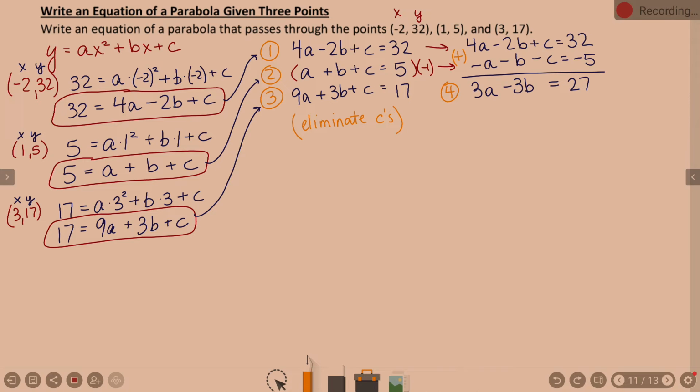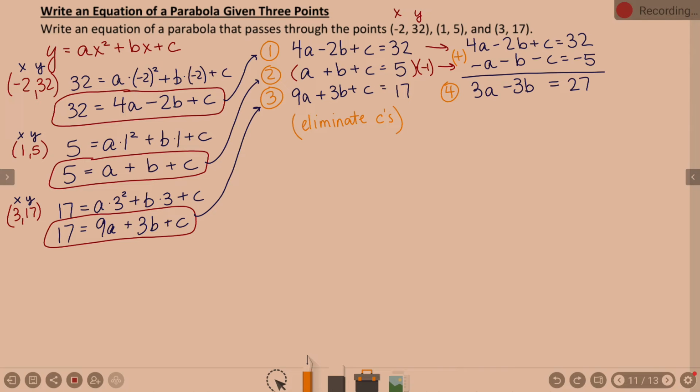Repeat the process, except instead of using 1 and 2, I personally would use 2 and 3. Again, it's your pick, right? I would use whichever one you multiply by a negative with the other equation you haven't touched yet.